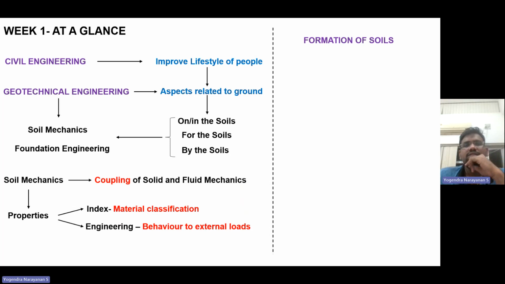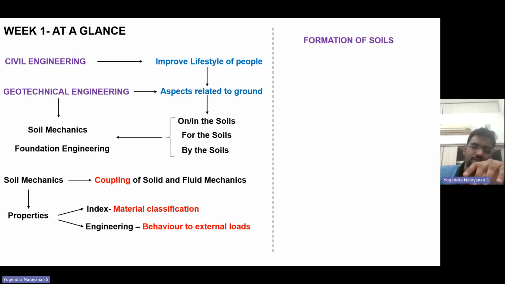So in the first week, essentially what has been covered is the formation of soils: what processes they have undergone, how they get formed from the parent materials, that is rocks, what the different agents are that aid in the formation of soil, and what the various governing or influencing or driving factors are in soil formation.